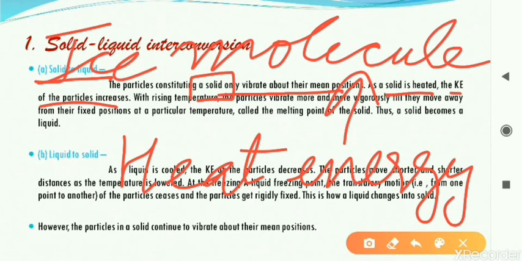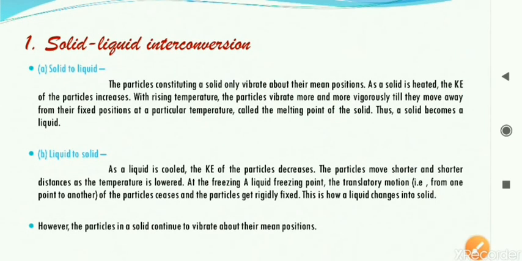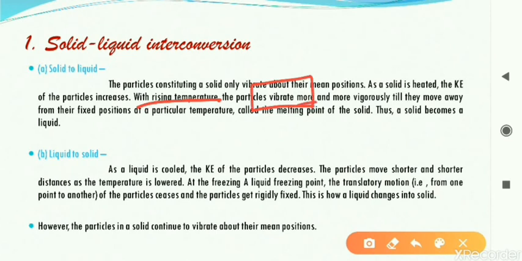This energy imparted to the solid is converted into kinetic energy, and it results in movement. With rising temperature, the particles vibrate more and more vigorously, and ultimately a level will come when they start moving away from each other. That level is called the melting point of the solid.